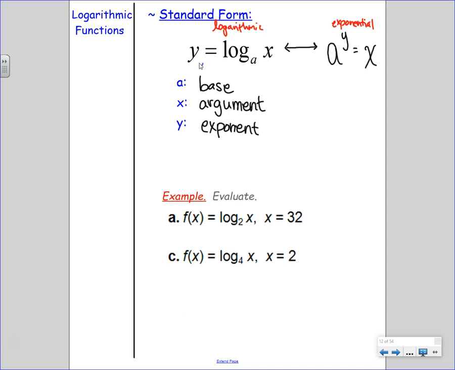Yes, because we could rewrite 32 by breaking it down by hand, like I did on the boards yesterday: 2 times 2 times 2 times 2 times 2, that's 2 to the 5th, right? So if I'm asking 2 to what power is 2 to the 5th, what's the final answer going to be? 5. The log just says, what's the exponent?